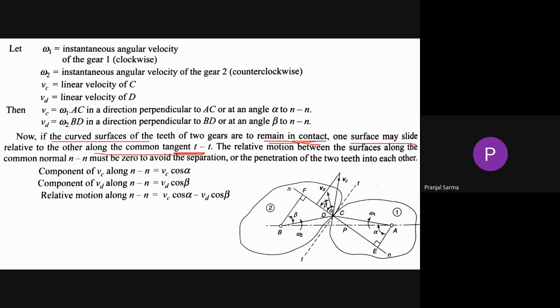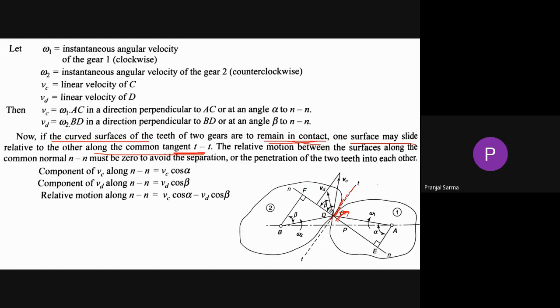That means you can consider as if at this point, when it is having the rotation, this curved surface is sliding with respect to the other, and if you consider a very small portion, then the direction will be along the common tangent.